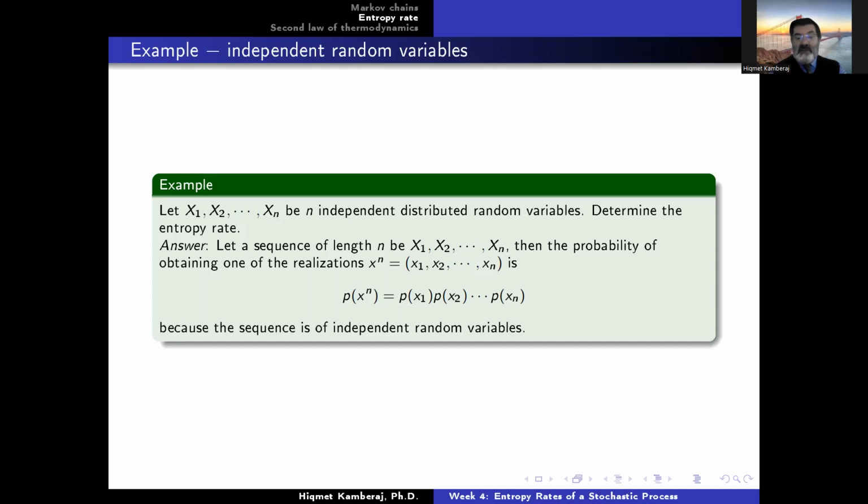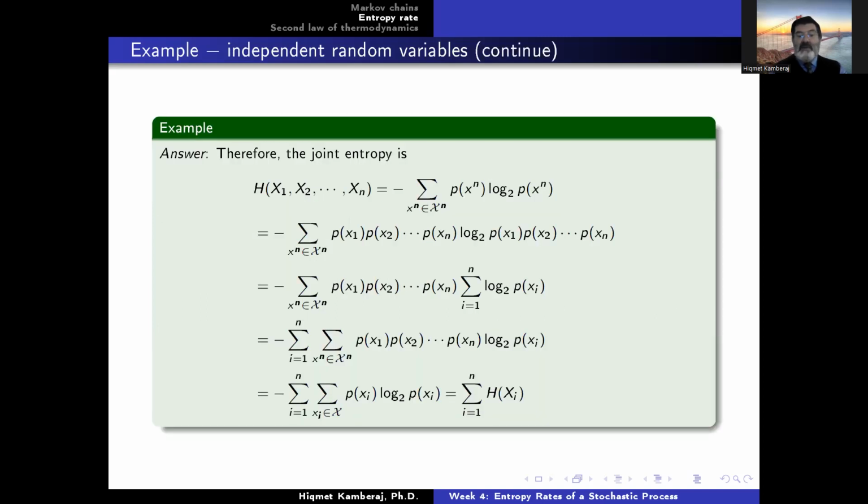P of xn is equal to P of x1 times P of x2, and so on, times P of xn. This is because the random variables are still independent. Then we can use the same reasons as before to obtain the joint entropy.